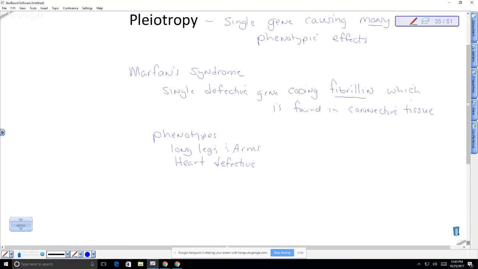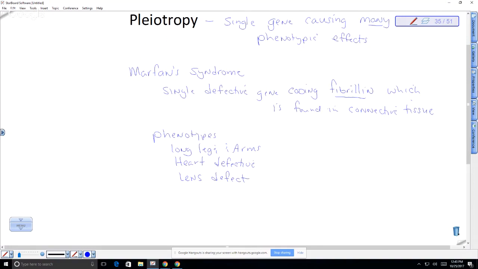Also effects in the eyes. So we have eye lens defect, so they have bad eyesight. There's an example of a president that we had in the United States that is believed to have had Marfan's; after he died, they looked at it genetically. So who can you think of that might have been one of our ex-presidents?